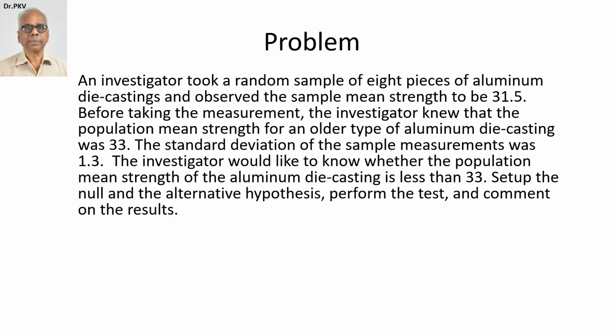The standard deviation of the sample measurements was 1.3. The investigator would like to know whether the population mean strength of the aluminum die casting is less than 33. Set up the null and the alternative hypothesis, perform the test, and comment on the results.